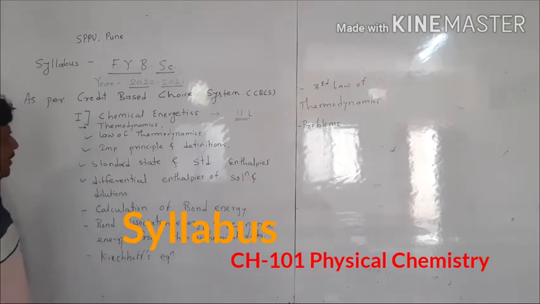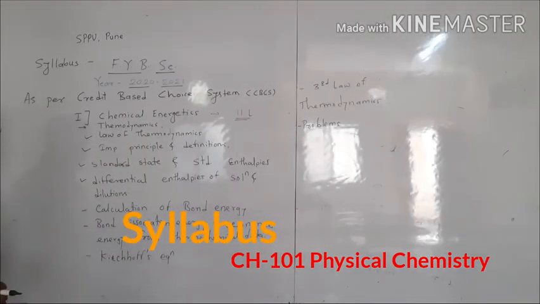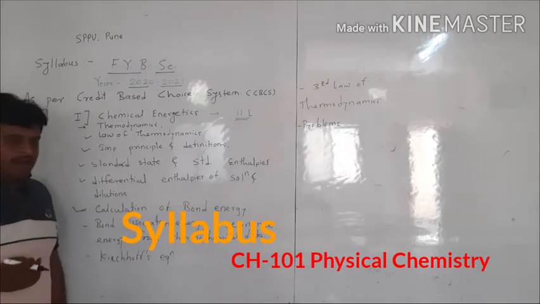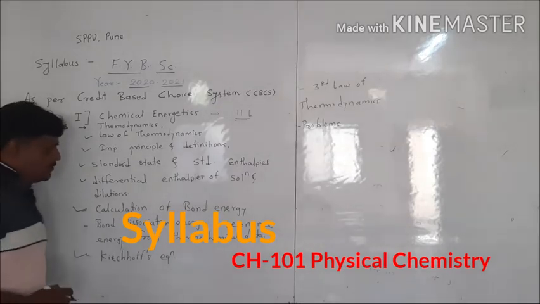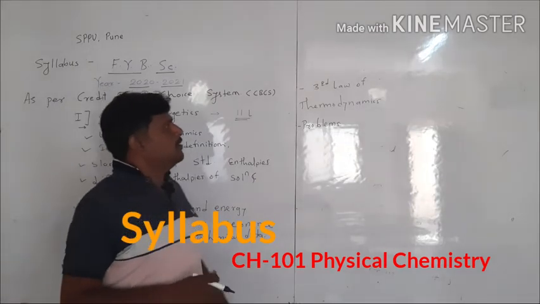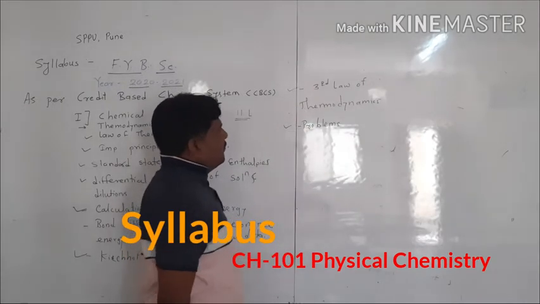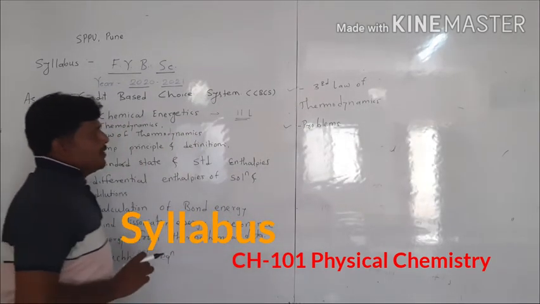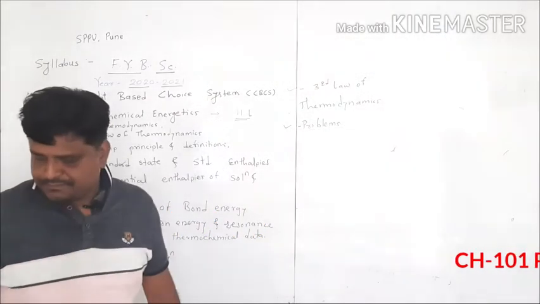Then differential enthalpies of solution and dilutions. The next, calculation of bond energy. Then bond dissociation energy and resonance energy from thermochemical data. The next one, Kirchhoff's equation, and the last points are the third law of thermodynamics and problems. So this is the syllabus of the first chapter, chemical energetics.